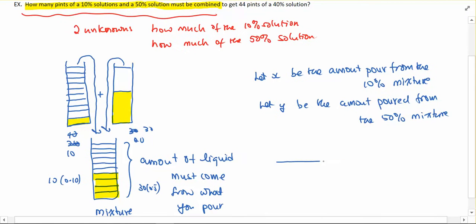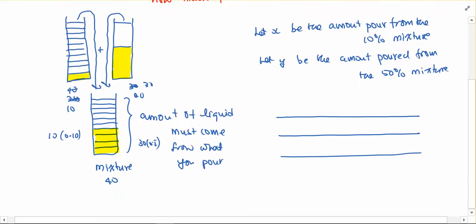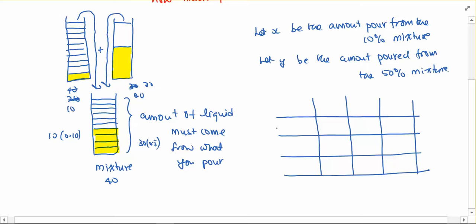Now these mixture problems are easiest done if you create a little table to organize your information. This table should have 3 rows, and the rows consist of the things that are being mixed, right? So in this case, we'll call this the 10% mixture, and this is the 50% mixture, and this is the combined.